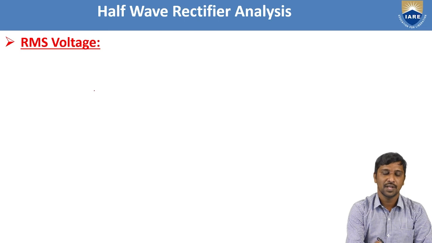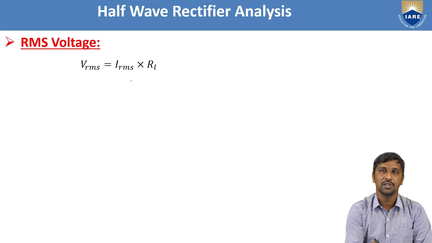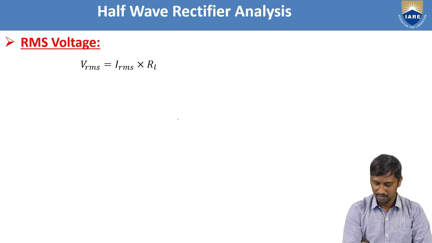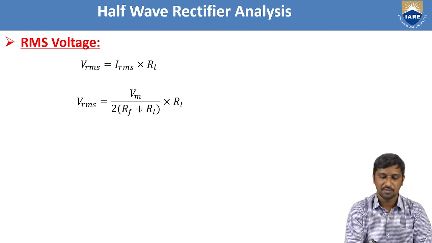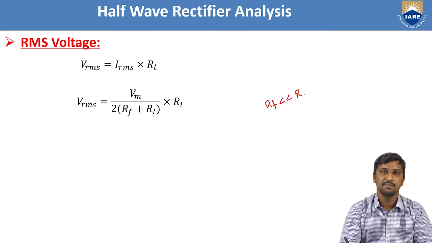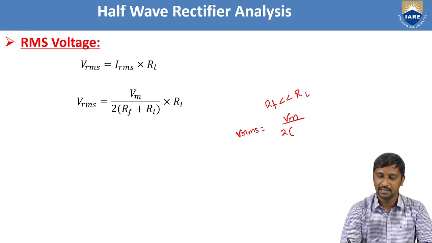Similarly, if you want to calculate the RMS voltage VRMS, it is simply the product of IRMS and RL. We just observed IRMS, which is Vm by 2 times (RF plus RL), multiplied by RL. For further simplification, if RF is much less than RL, then VRMS becomes Vm by 2 times (RF neglected, 0, plus RL) into RL.